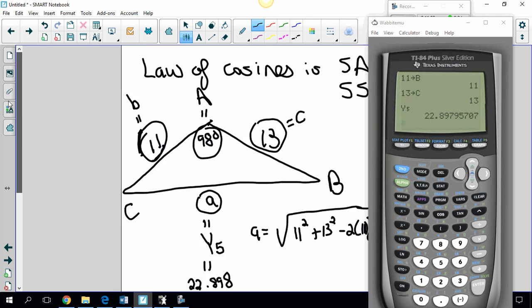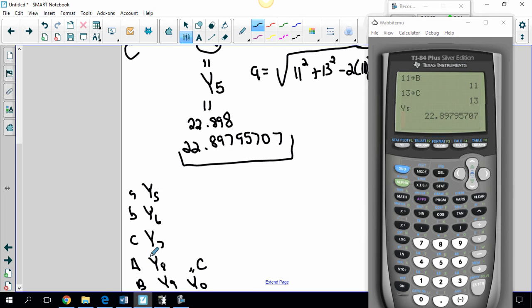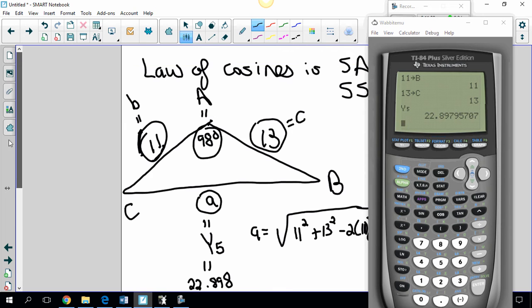We're given angle A, we want to find angles B and C. So here you go.